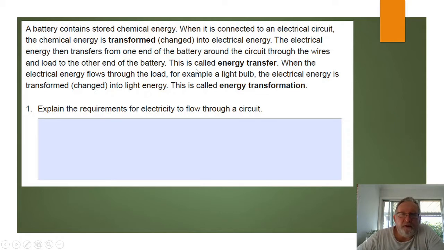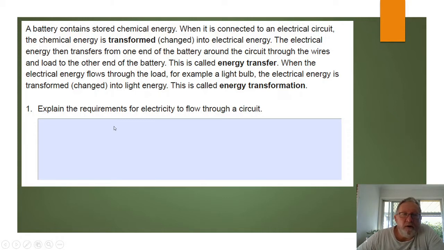So electrical transfer is that change from one form of energy, such as chemical energy, into electrical energy. When the electrical energy flows through the load, for example, a light bulb, the electrical energy is transformed into light energy. So that's another transformation there. This is called electrical transformation.